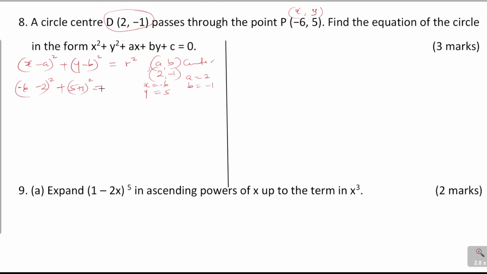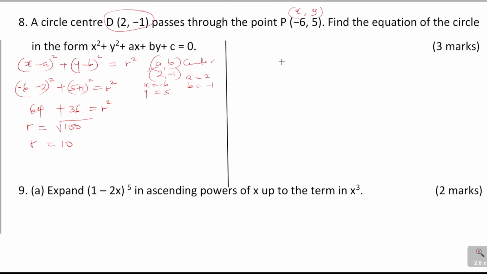You square that, that should give r squared. So these will give 64 plus 36 is equal to r squared. Therefore r will be given by the square root of 64 plus 36, that is 100, and therefore the radius will be 10.